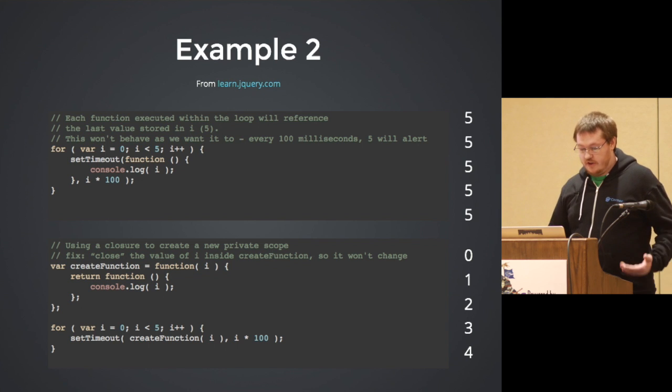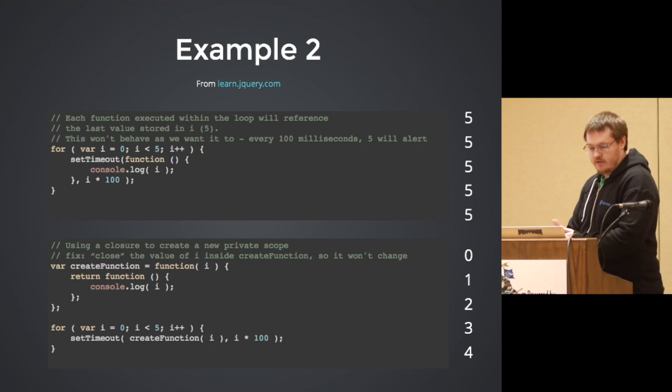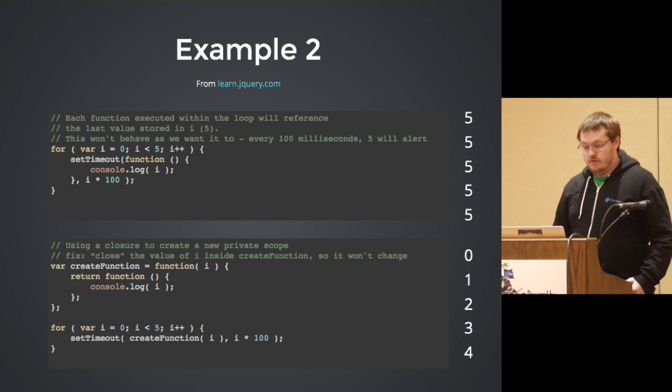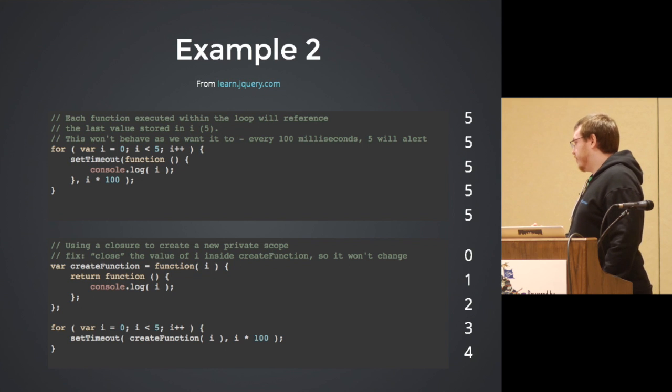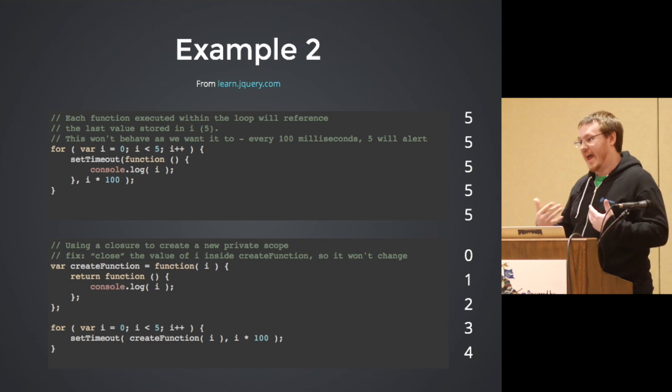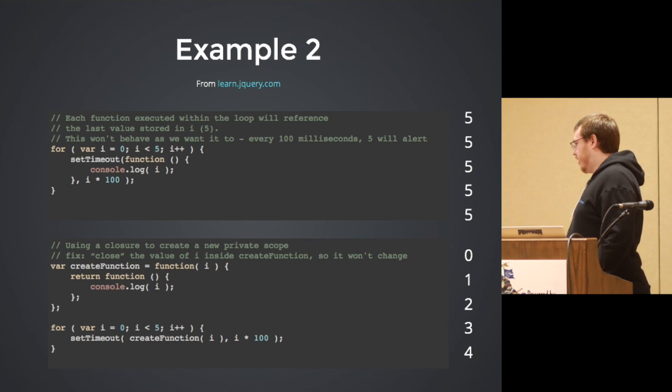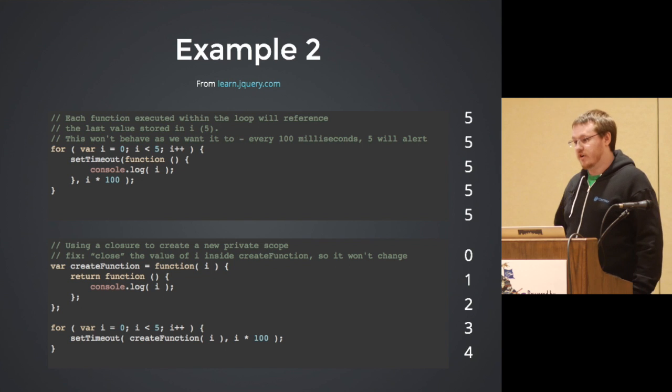So if we use, oh, that's overlaying my modifier there. So if we use another function that takes that in and then binds it and then persists it, we will get 0, 1, 2, 3, 4 as expected from taking this process. So we still have the loop, we still use setTimeout, and we still pass setTimeout a function.